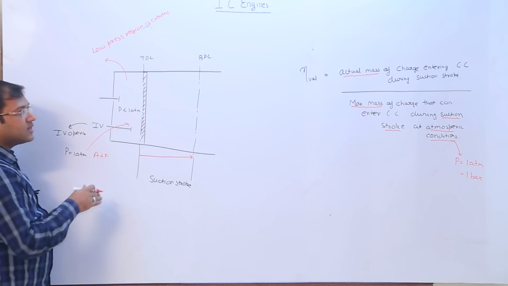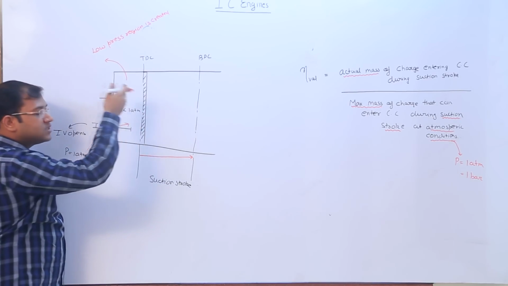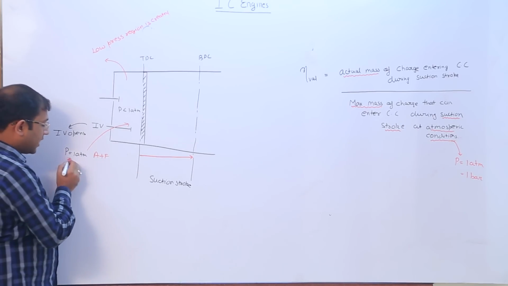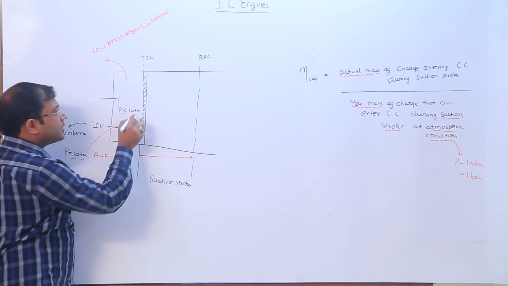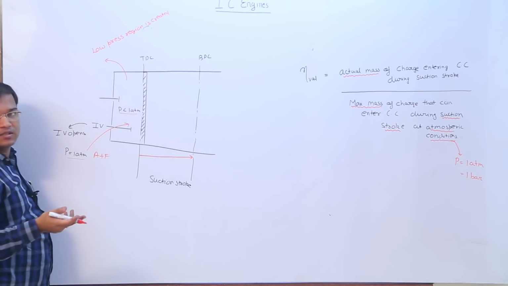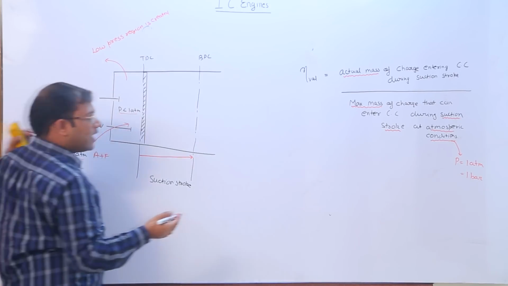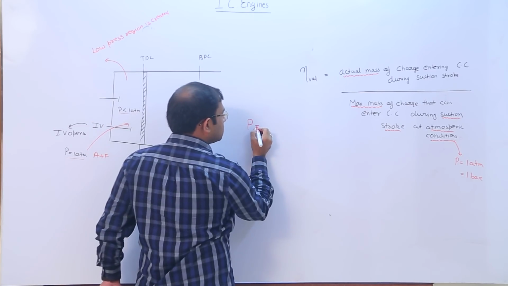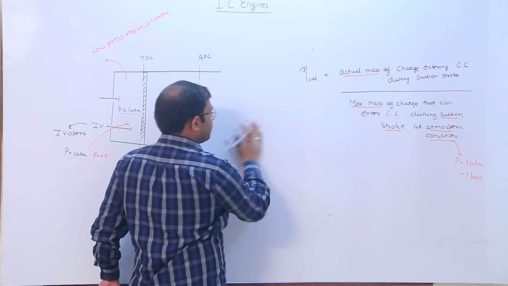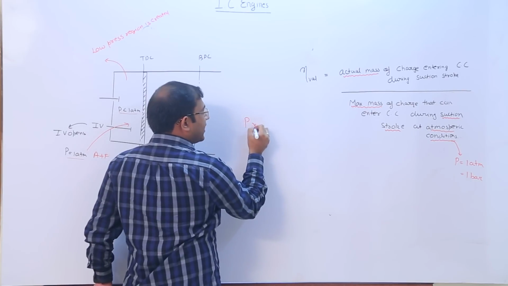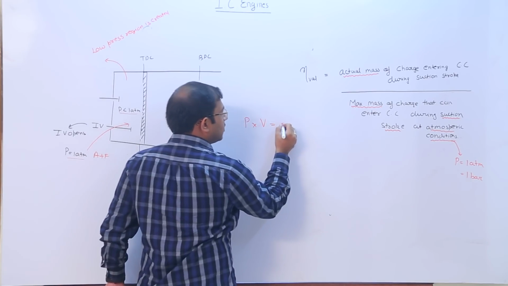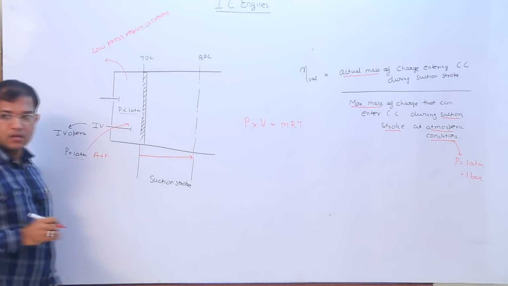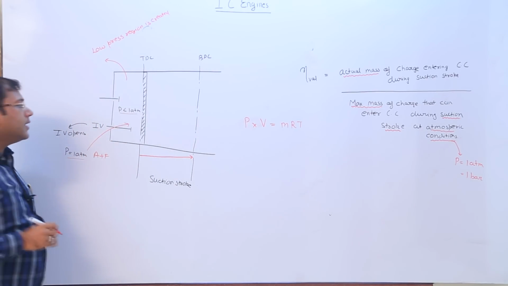So here what we are seeing is that this combustion chamber is being filled due to the pressure difference between the atmospheric pressure and the pressure inside the combustion chamber. Is it okay? And we know that the product of pressure into volume is equal to mRT. Is it okay?